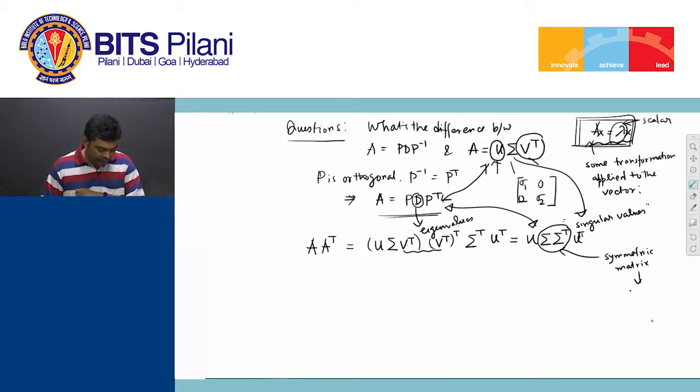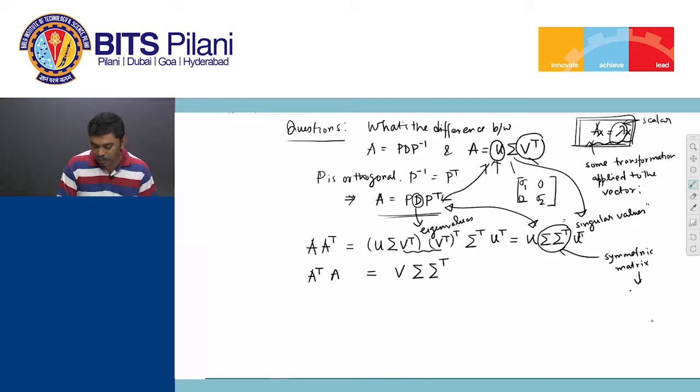Okay, all right. Similarly, if I do an A transpose A, I will not repeat the calculation. If I do an A transpose A, you will get an n by n matrix, right? According to the structure, what will happen here is, this guy is also a diagonal matrix.